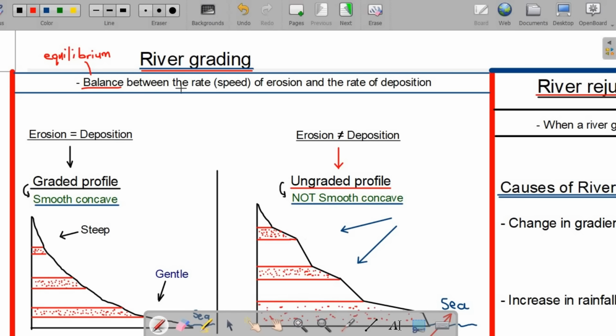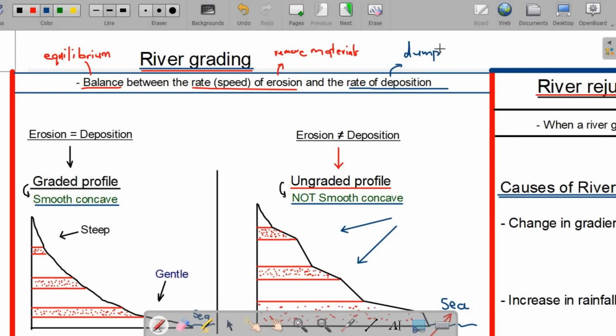This is the balance between the rate of erosion, remember erosion is the removal of materials after you weather a material, you weaken a rock, you then remove the material, and the rate of deposition, which is the dumping of those materials that were removed.